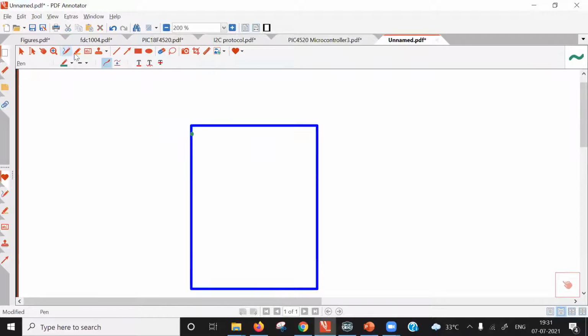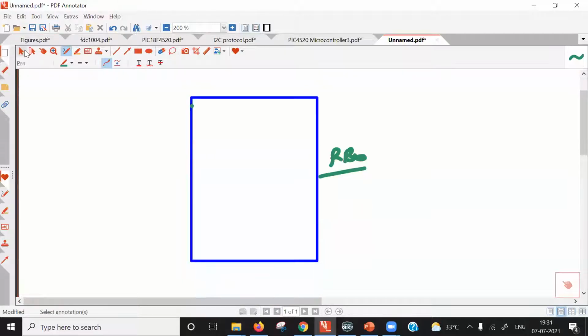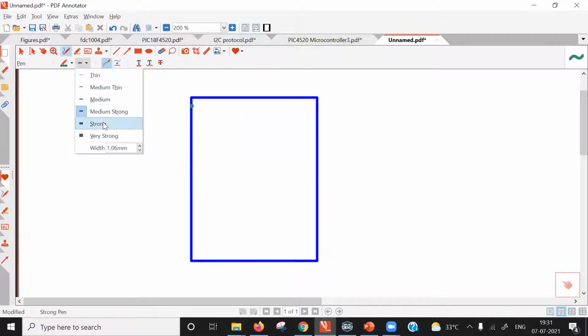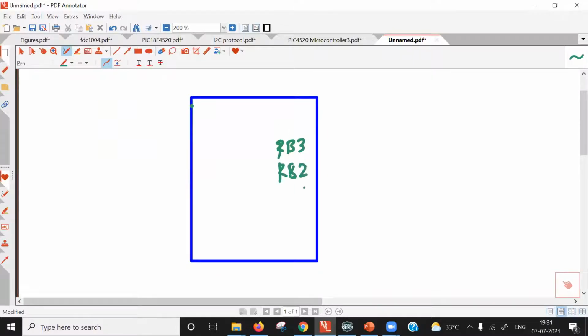For example, let us generate on 4 different pins: RB0, RB1, RB2, and RB3. First of all, configure the 4 pins for output functionality.